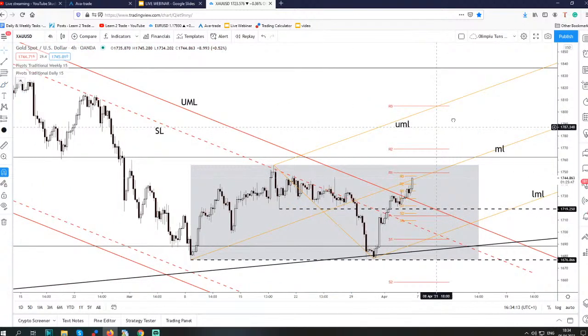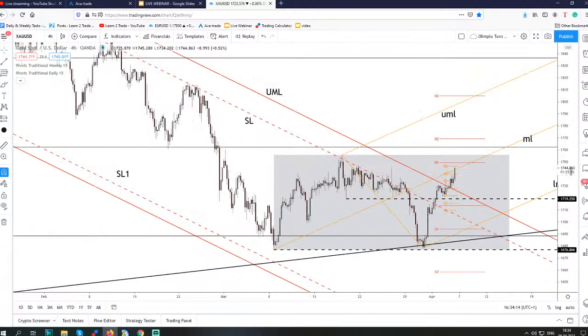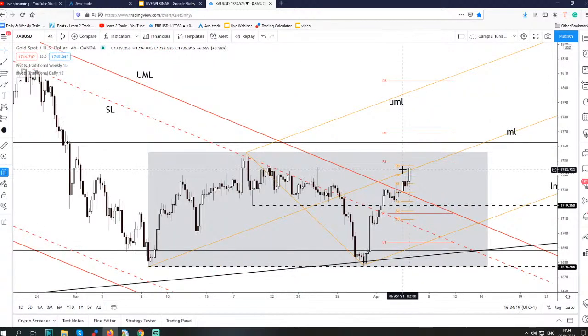So it remains to see how the price will react here, if it will make a valid breakout above the medium line, if it will take out also the R1, then we could think that the price of gold could continue higher.